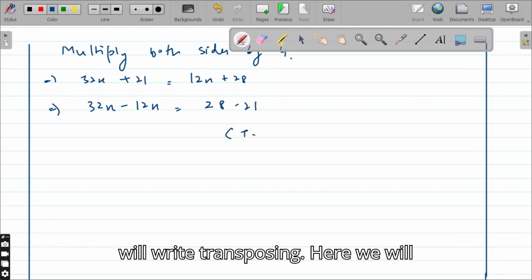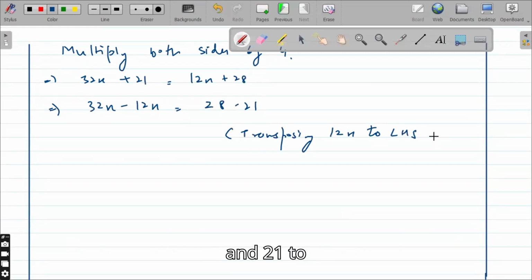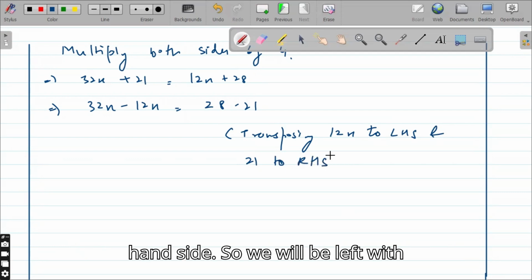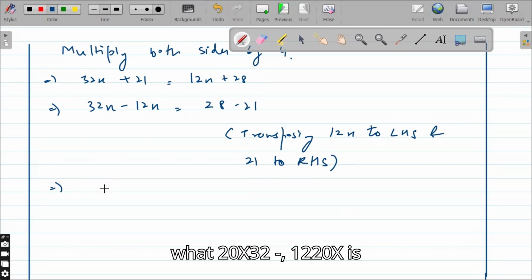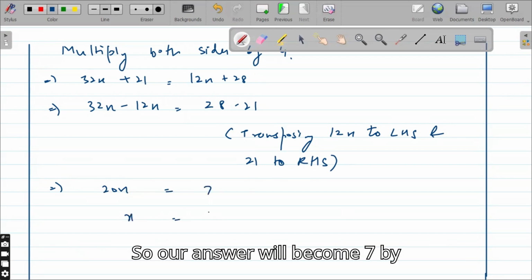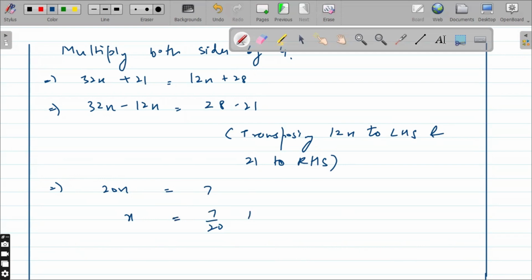So here we will write transposing 12x to left hand side and 21 to right hand side. So we will be left with what? 20x, 32 minus 12, 20x is equal to 28 minus 21, 7. So our answer will become 7 by 20.